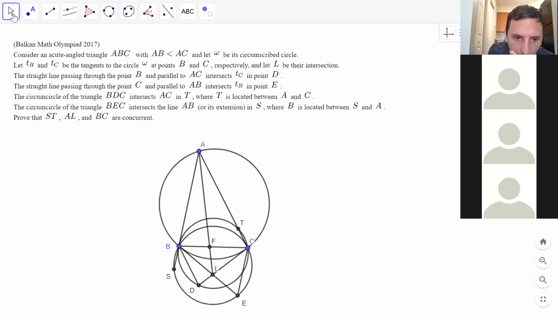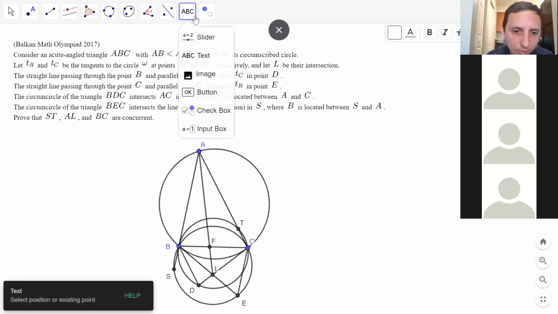So AB squared is AT times AC, and AC squared is AB times AS. BDC is ACB. So I think AT times, I think SBTC, is that cyclic?